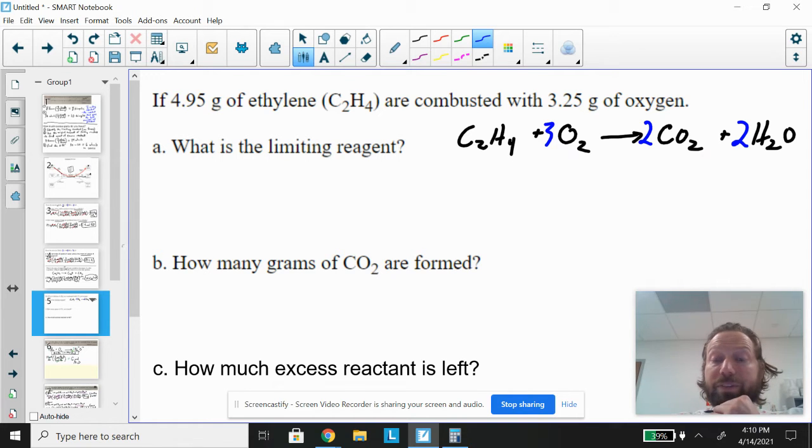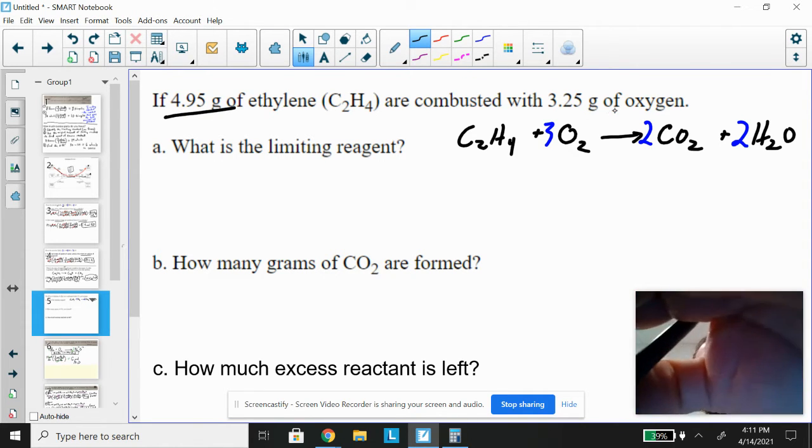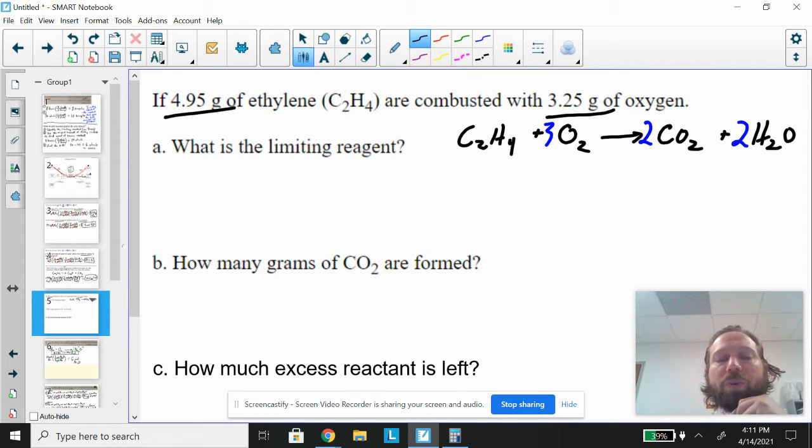Now we're going to figure out what the limiting reactant is. To do this, we have a few steps. The first thing is we are given two different reactants here, so we're not sure which one is the limiting reactant. So what we're going to do is solve for how much product each can make.